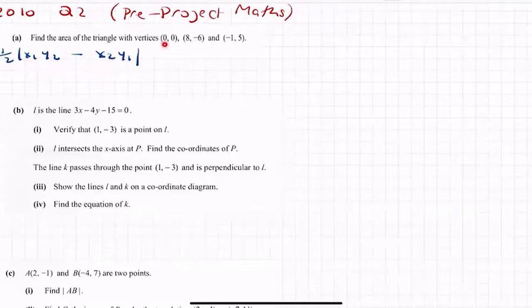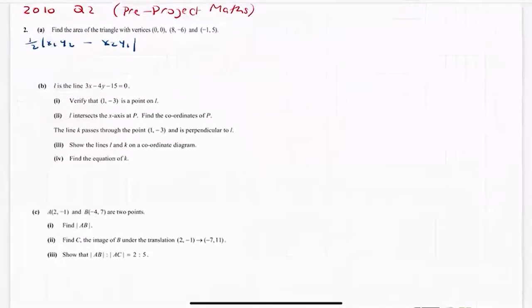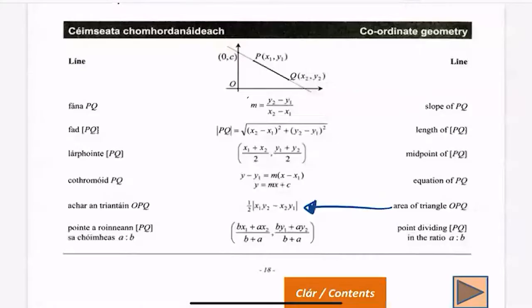You have to be careful that one of your points is at 0, 0. And if it's not, you have to do a translation of the points to ensure that they are at 0, 0. So x1, y1, x2, y2. And if you're unsure how to label your points, it's here in the log tables.